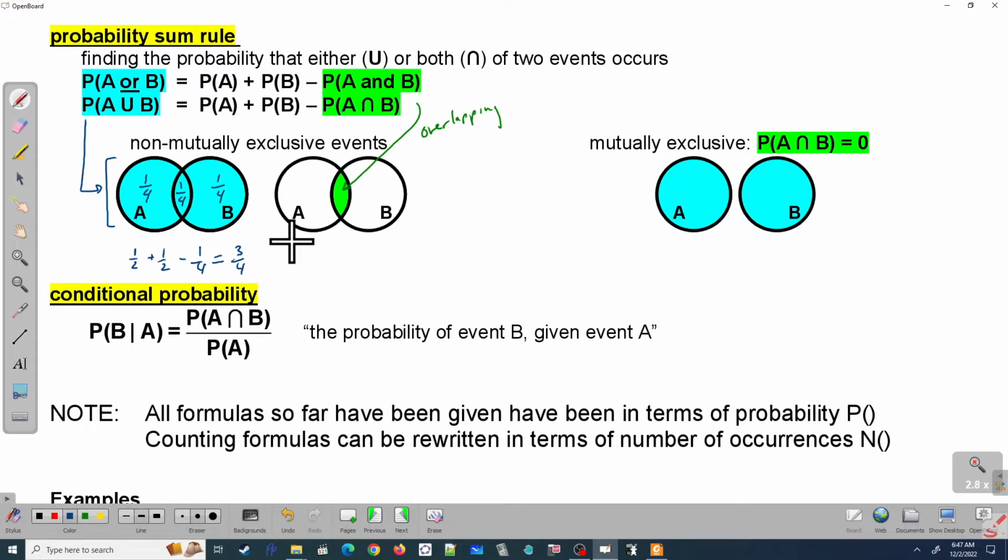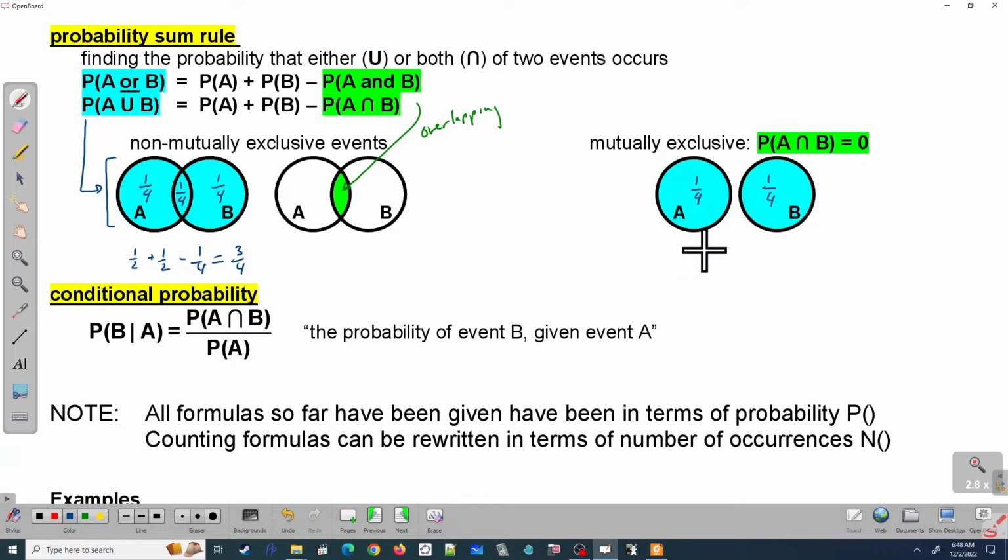I don't have to worry about this if the events are mutually exclusive. If there's an event that occurs 1/4 of the time, and another event that occurs 1/4 of the time, and they don't overlap, it's going to be 1/2 because it could be here or here.